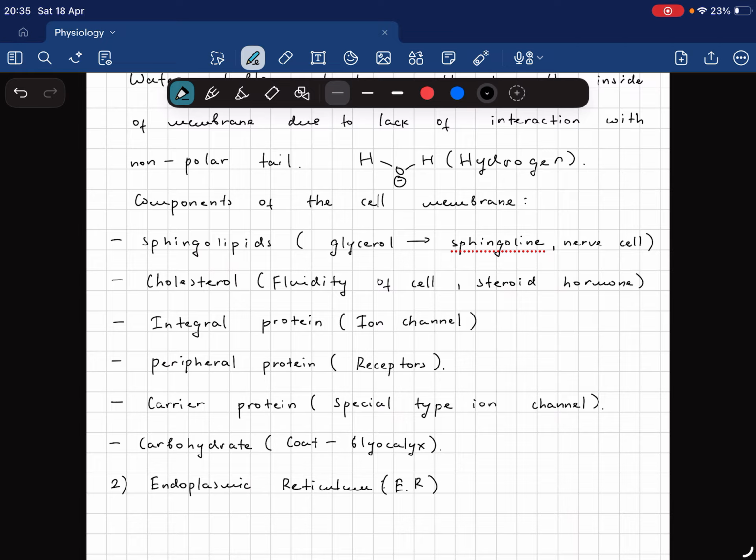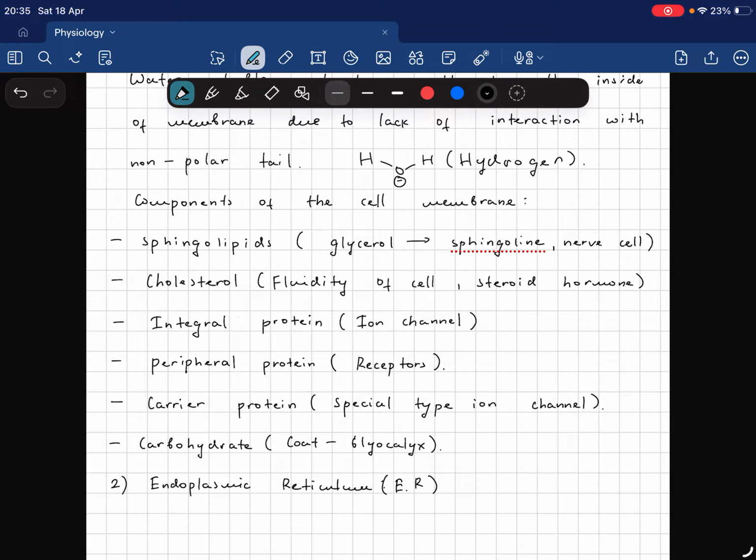And in the Guyton, it was written that glycocalyx has many functions. For example, it helps with attachment to other cells, because the carbohydrate basically has a negative charge.